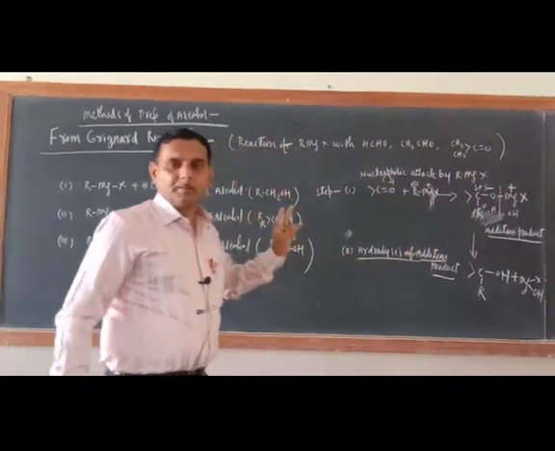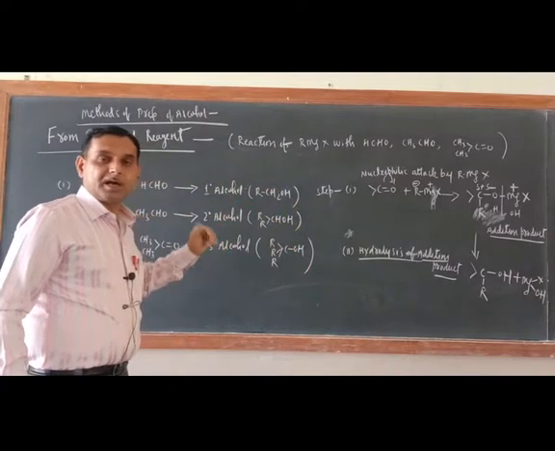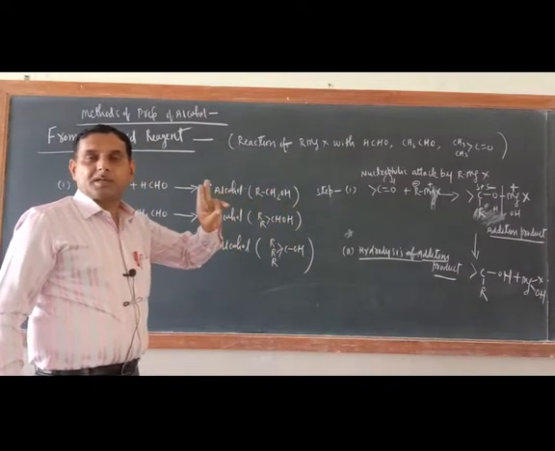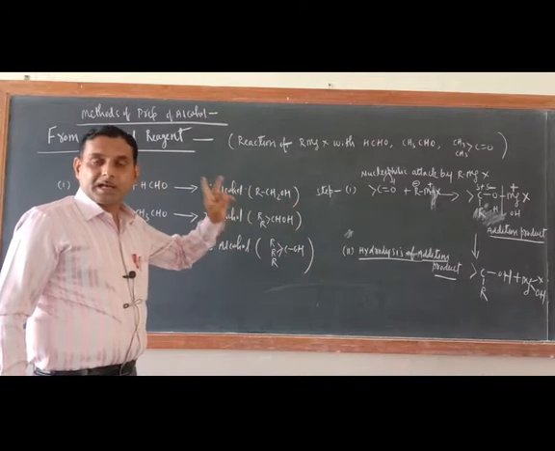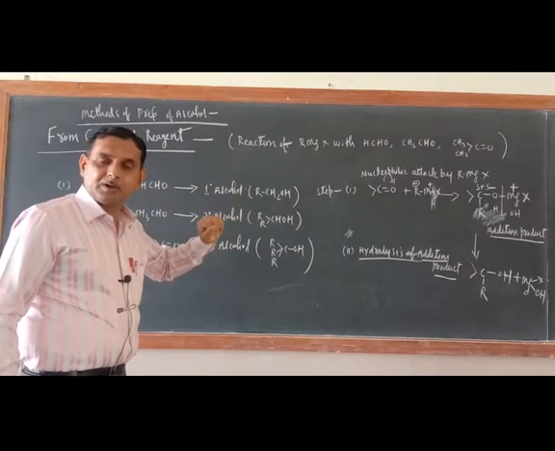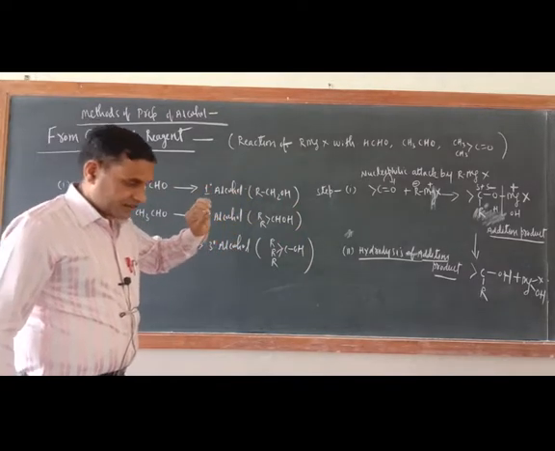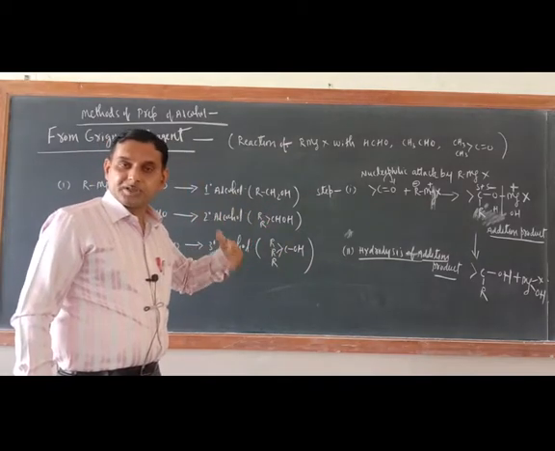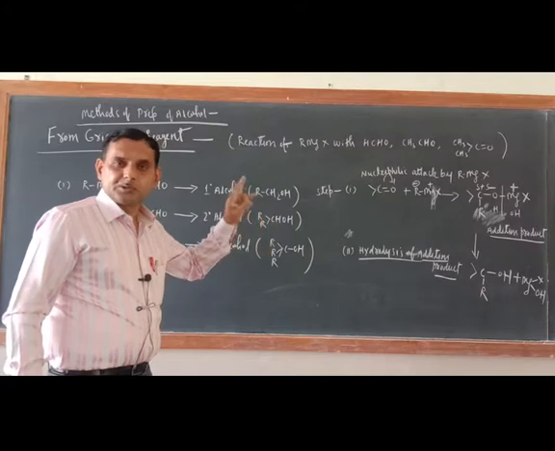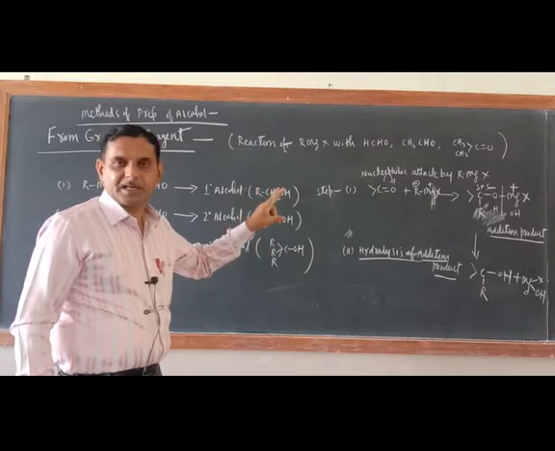Yesterday I taught you two methods of preparation of alcohol: one from the alkene and another from the carbonyl compound. Under these two, many were there. From the alkene, number one was hydration of alkene in presence of acid, then hydroboration followed by oxidation. So two methods from alkene.